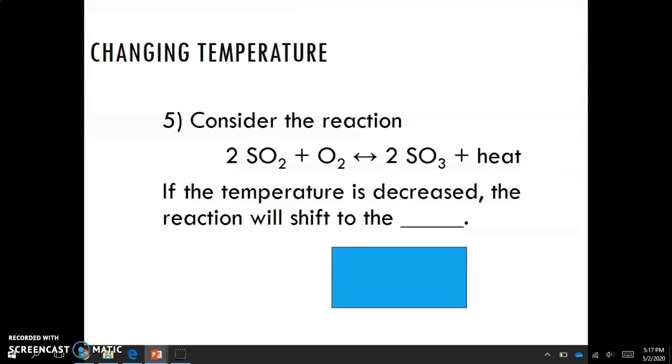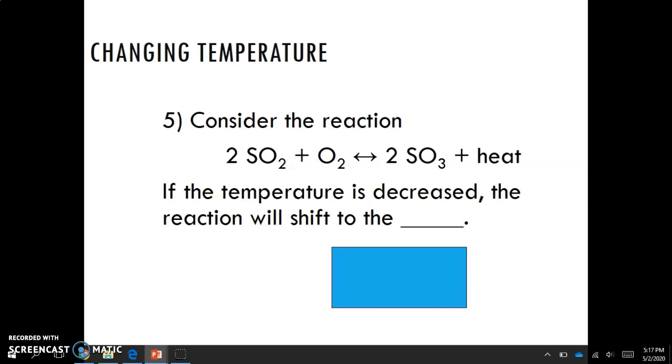So let's look at this. We've got 2 moles of sulfur dioxide plus oxygen going to yield 2 moles of sulfur trioxide plus heat. So heat is our product here, indicating that this is an exothermic reaction. Because remember, in an exothermic reaction, exo means out, the heat is being released. Here it says if the temperature is decreased, the reaction will shift to the blank.